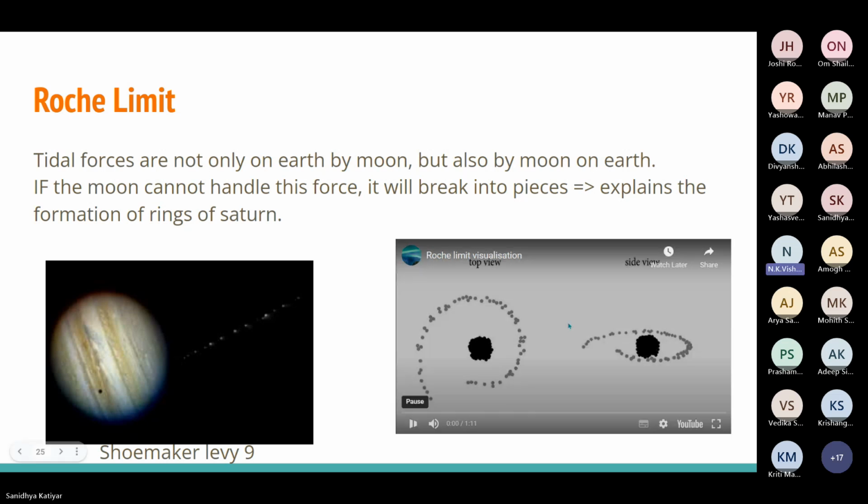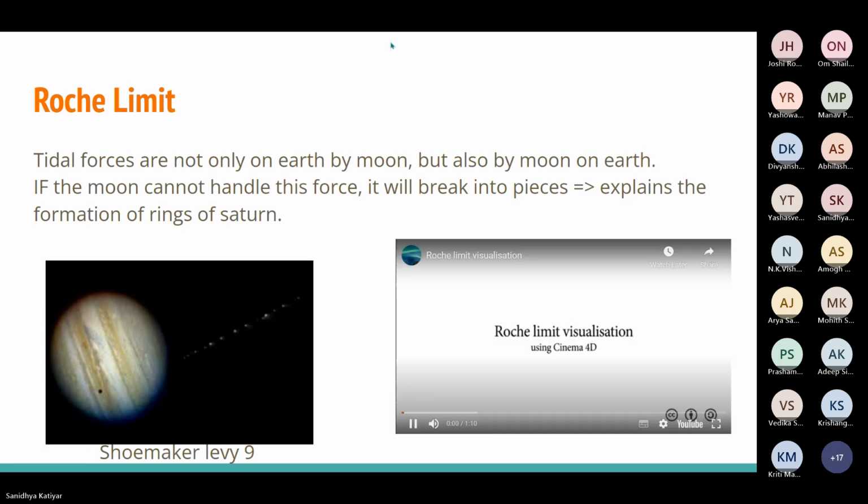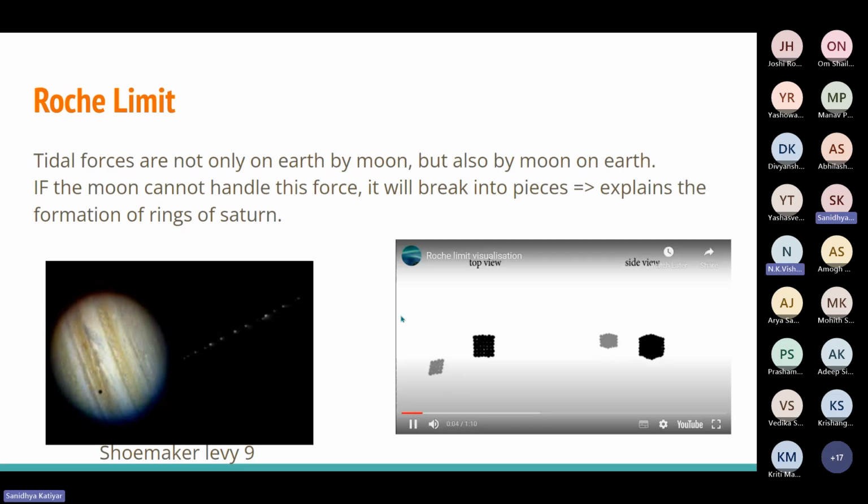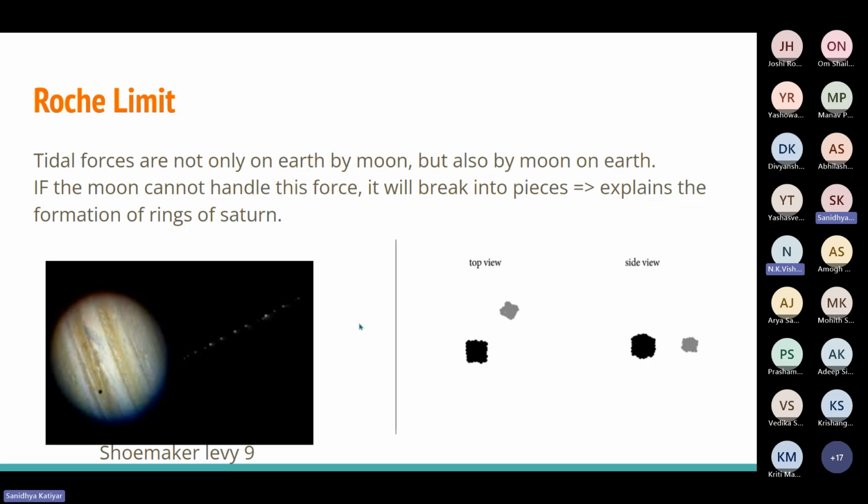Can you play the video? So the black mass is a very heavy mass, and the white mass is something that got very close to the heavy mass.